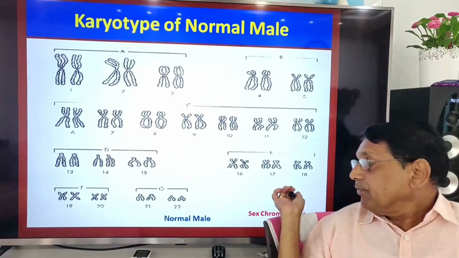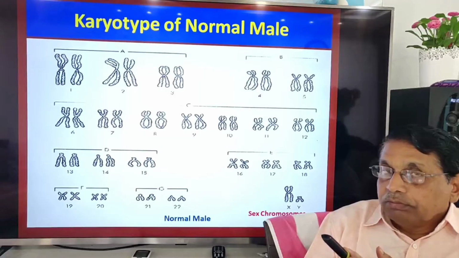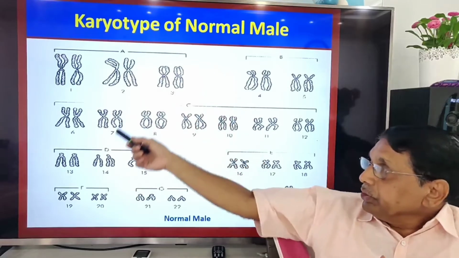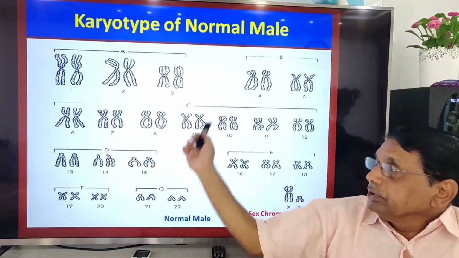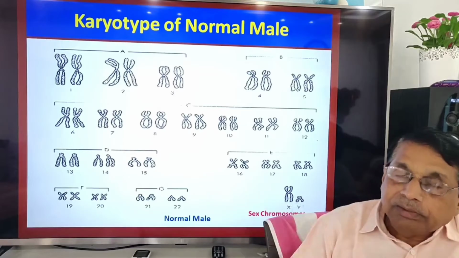Here you can see XY. X is different from Y. Y is very small. The 22 chromosomes are autosomes, common for male and female.